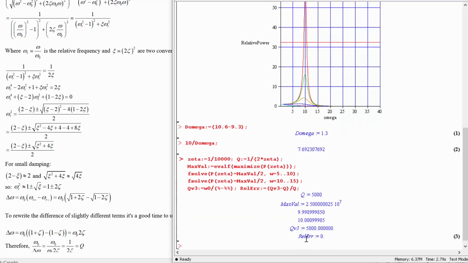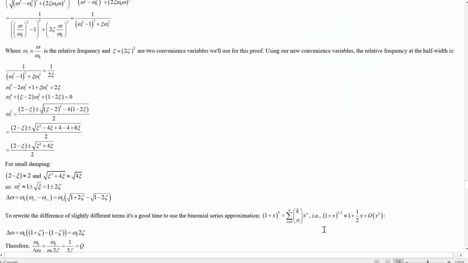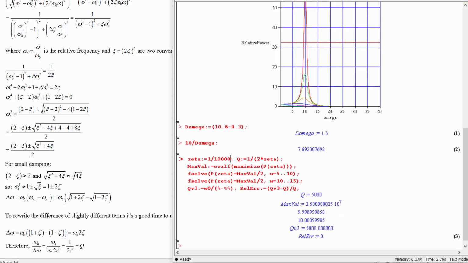It's not scaling down proportional to just kind of quadratic in this either. These approximations get better and better as zeta gets smaller because we were neglecting cube terms and quartic terms. So if zeta is small, you have a high quality factor resonator, like a quality factor of 5,000, the relative error in using something like this is 0.